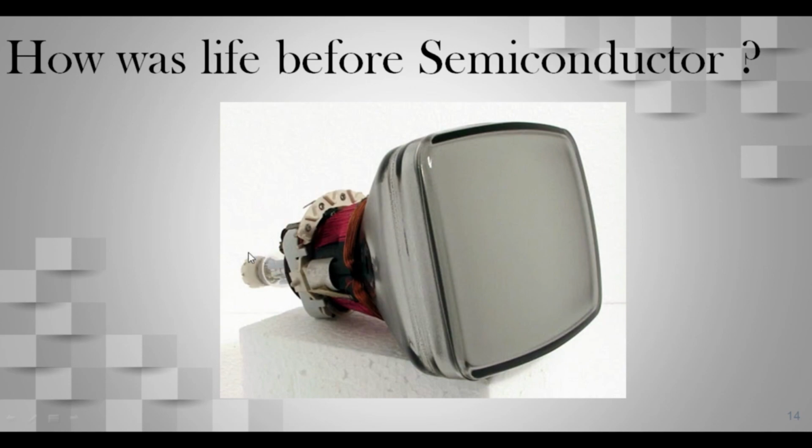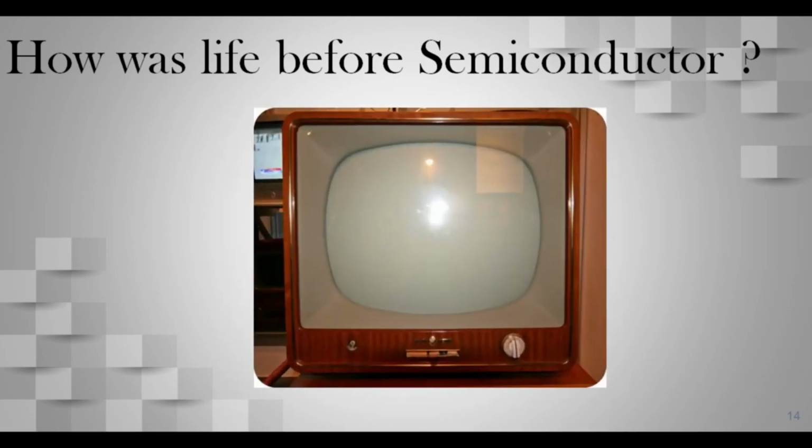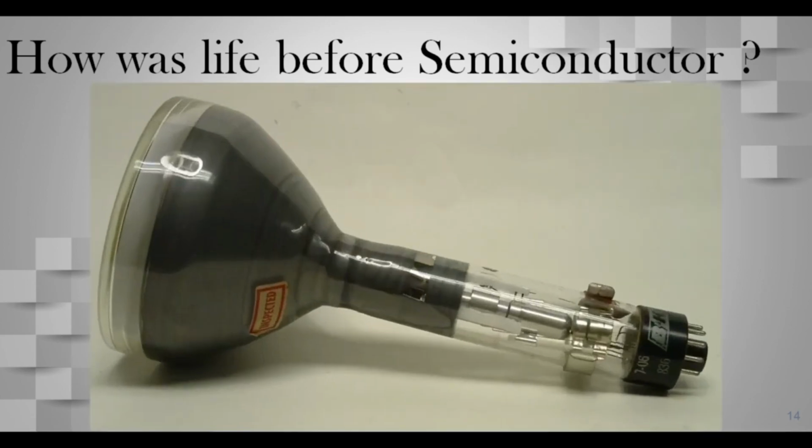There were two plates, one was cathode, one was anode. Electrons moved from one end to another end, and these were used extensively for the production of visuals on the screen of the system. So, this was the life before the usage of semiconductors. It was bulky and lengthy, and mostly black and white.